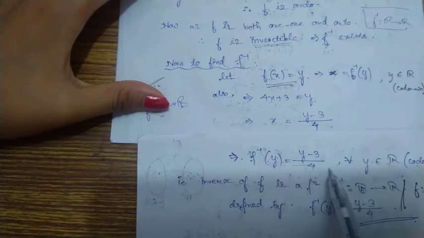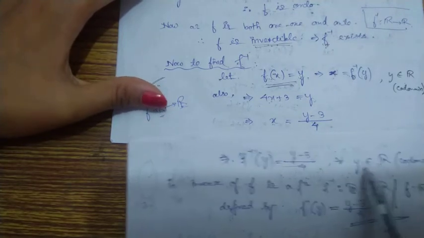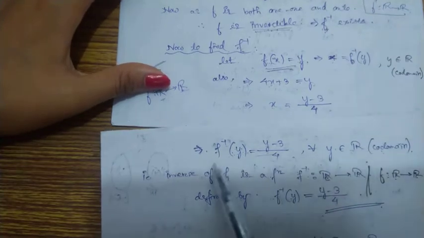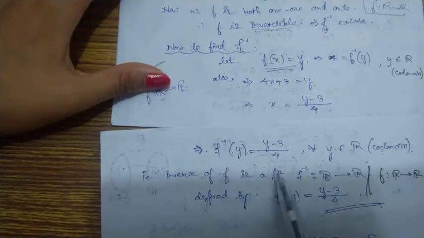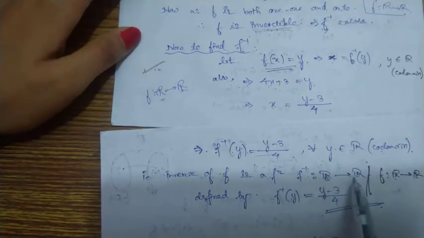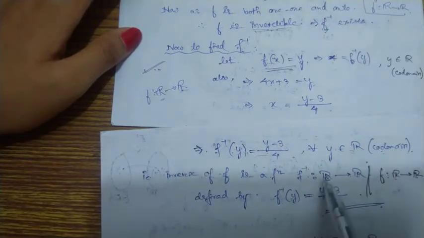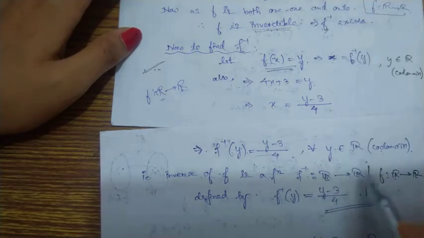And y belongs to the real numbers, the codomain. So the inverse of f is a function from real numbers to real numbers. We interchanged the domain and codomain, and it is defined as f inverse y equal to y minus 3 divided by 4, where y belongs to the real numbers.